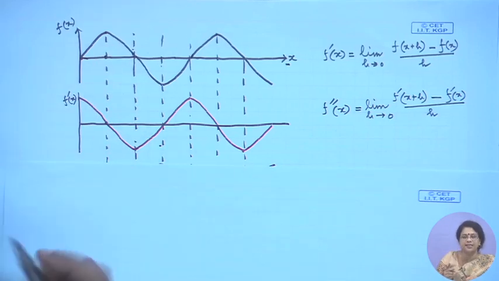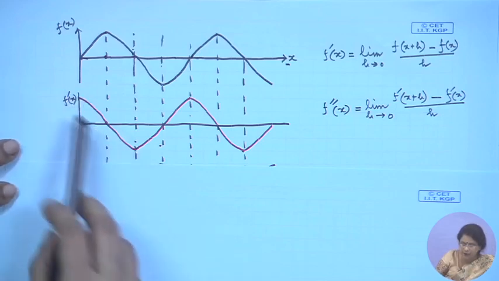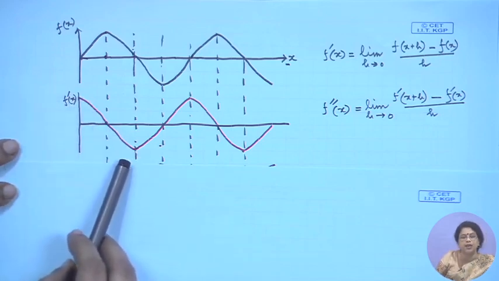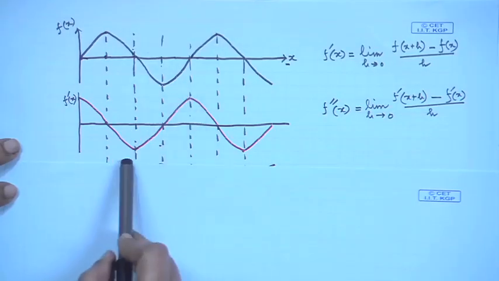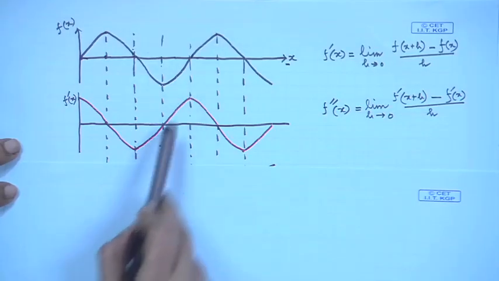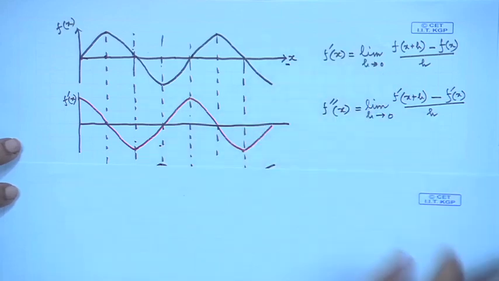Now again consider the same part here. From here to here the function is decreasing, so the derivative of f prime x would be negative. Here it will be 0, then increasing, positive, again 0, again negative. In this way it will move.